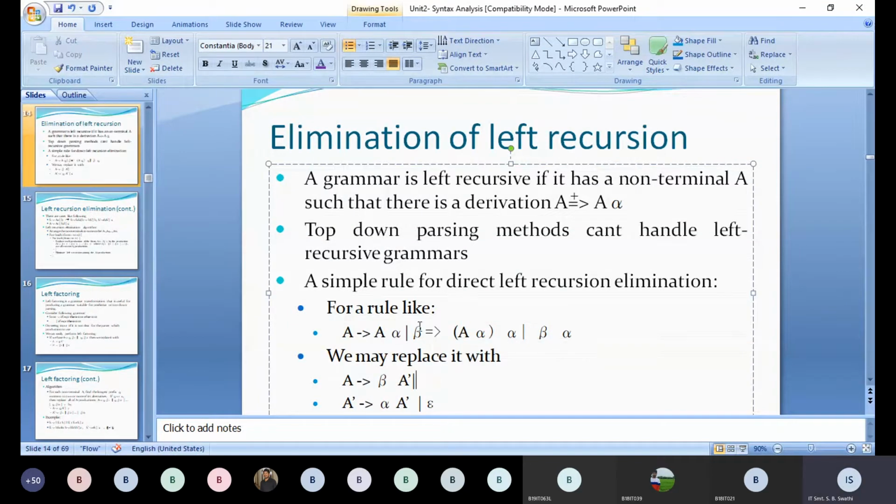The equivalent form of A alpha is beta A dash. And whatever other consecutive productions are there after this A alpha, we have to write as they are without changing. They are not part of the formula.